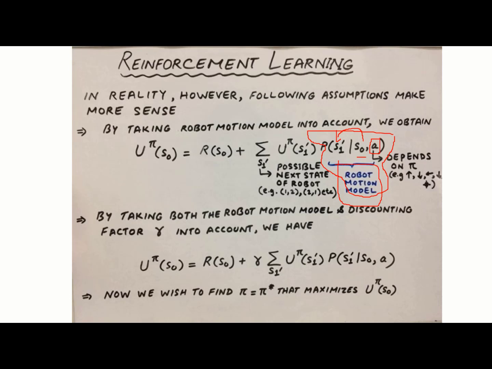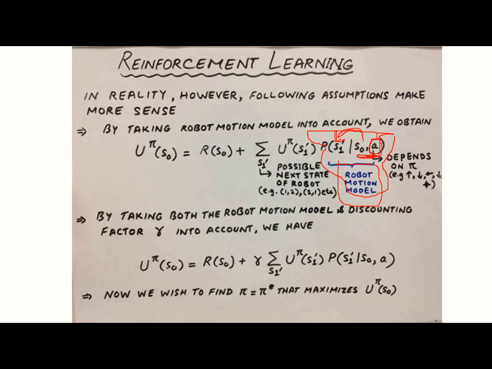However, note that we are conditioning on two things now: the previous state and the action taken in the previous state, and the probability is over the current state. Or you can say we are conditioning over the current state and the action taken in the current state, and the probability is of the next state.